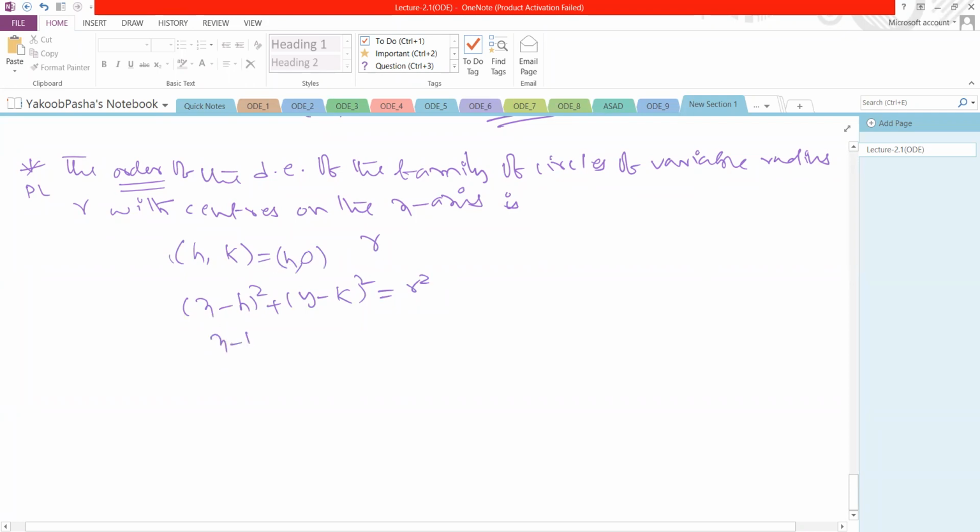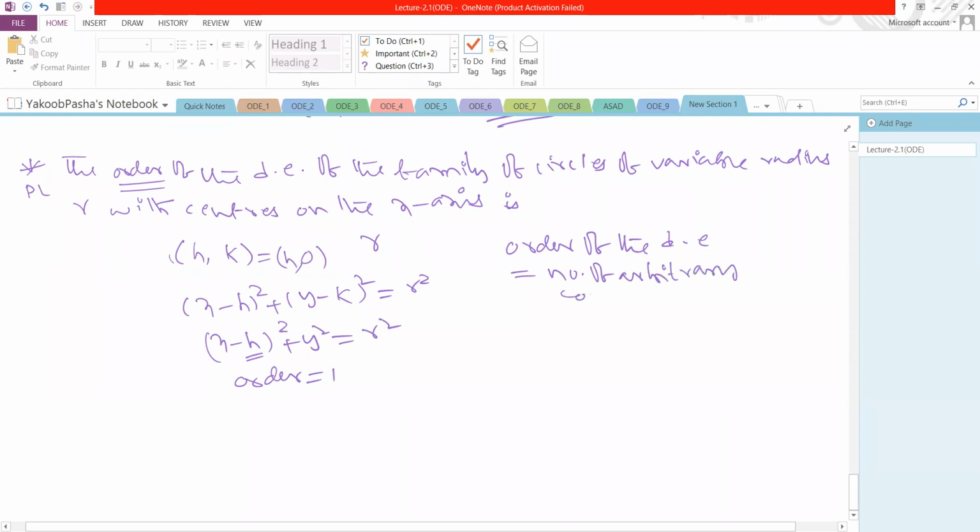So this equation becomes (x minus h) whole square plus y square is equal to r square. Here we have one parameter h. So this is the arbitrary constant. So order is equal to 1. Remember, the order of the differential equation is equal to the number of arbitrary constants. Here we have one arbitrary constant h.